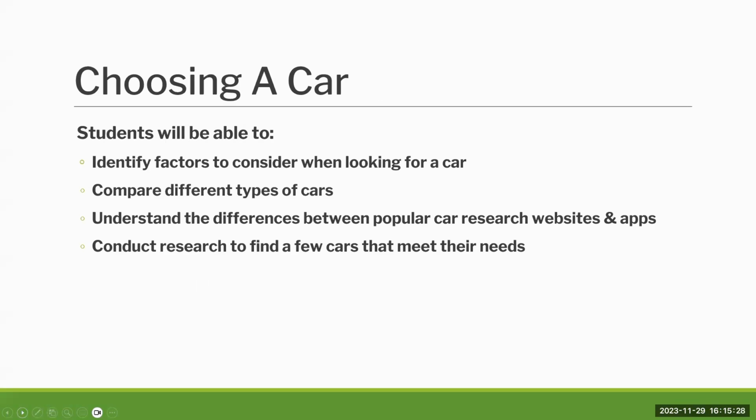After this unit, students will be able to identify factors to consider when looking for a car, which I really like because it gets them past looking at just model, cool colors, stuff like that. They really take them deeper into thinking about fuel efficiency and safety, low price, suitability for everyday use.